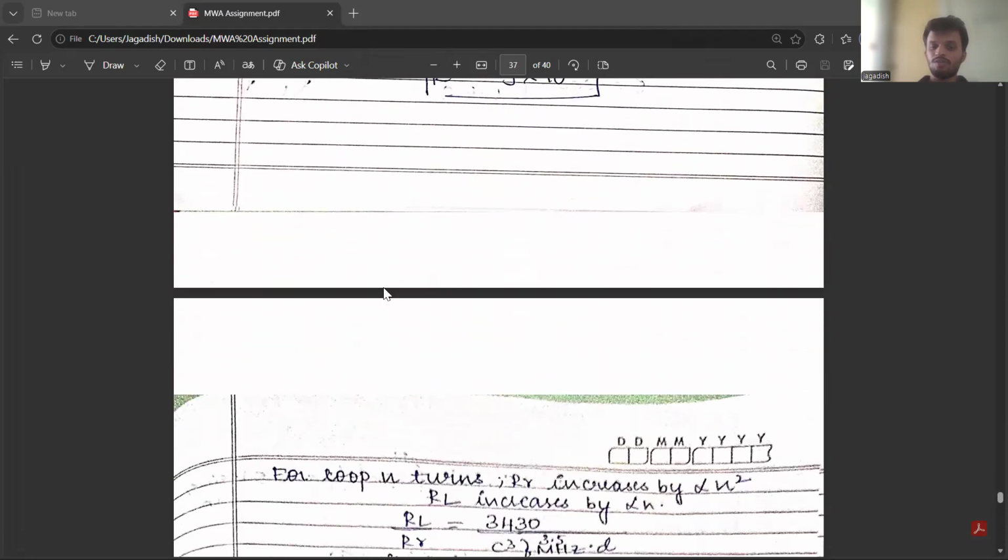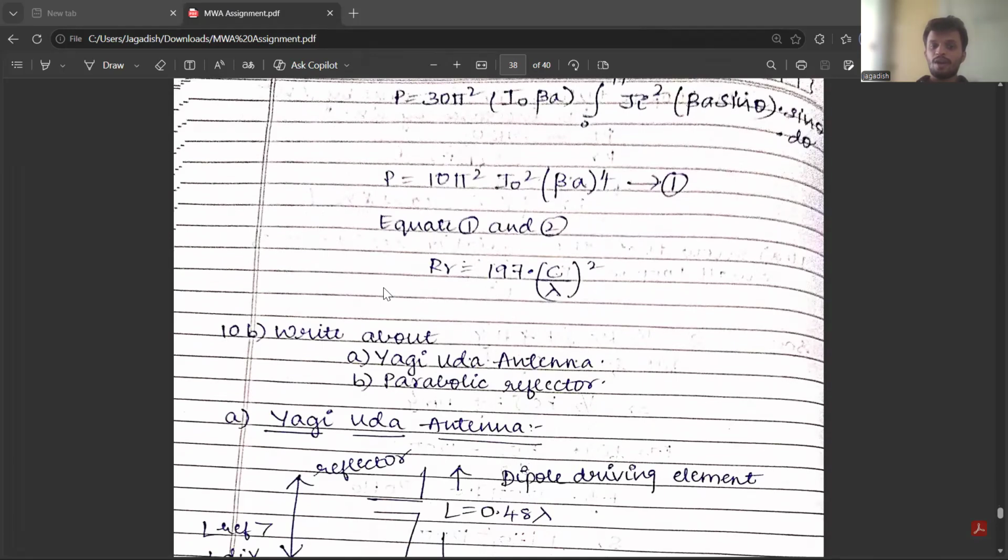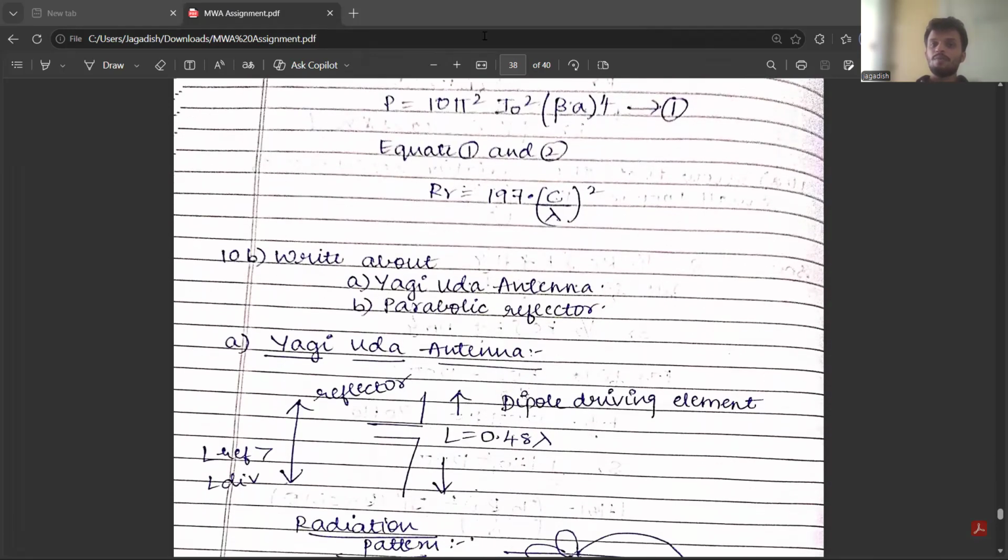Next comes the radiation resistance of the small loop antenna. And you learn about the Yagi-Uda antenna, how it is constructed, and explain the working of the Yagi-Uda antenna. These are the important topics from microwave and antennas, which you have an exam on Monday.